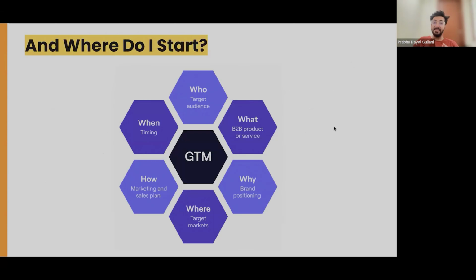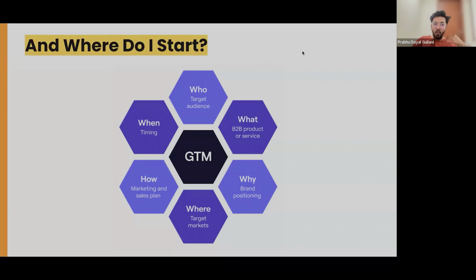And in SaaS, by the way, let me be very clear, the who and the how are not the whole picture. They are two parts of a go-to-market. There are other pieces as well. We focus on who to figure out my target audience. The what in this case is the core product, the core service.